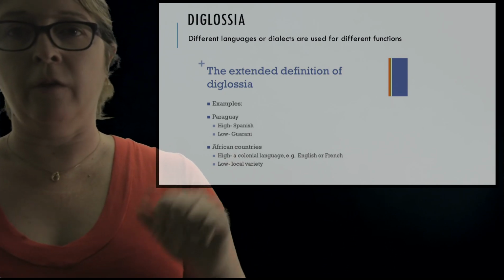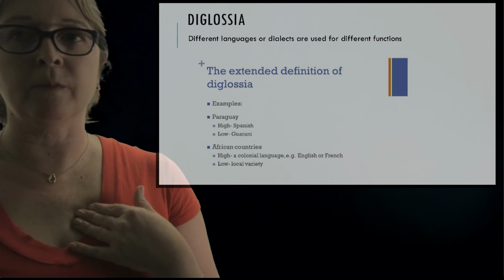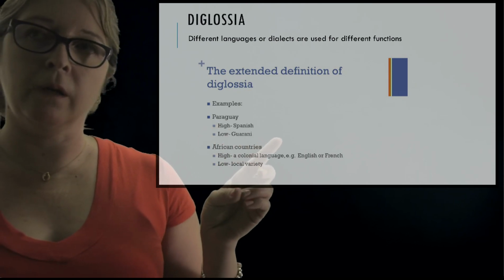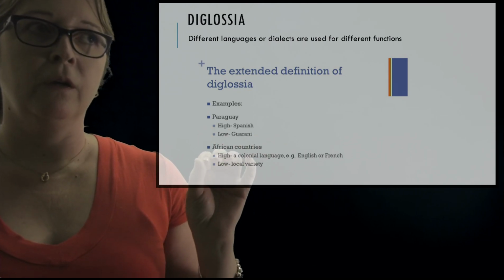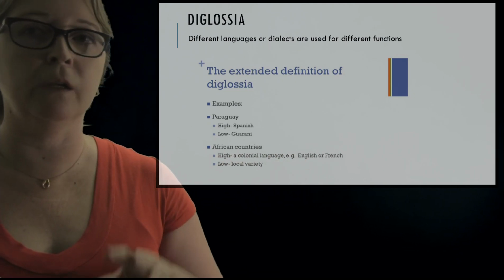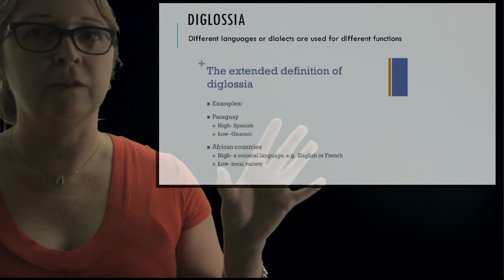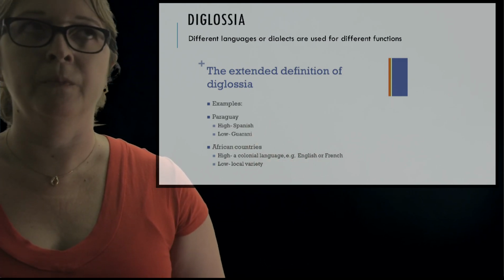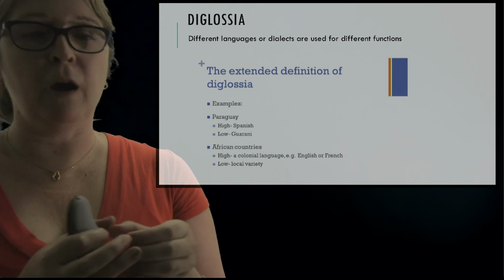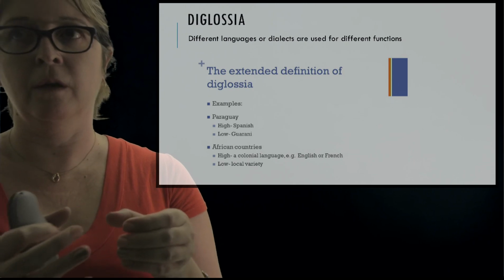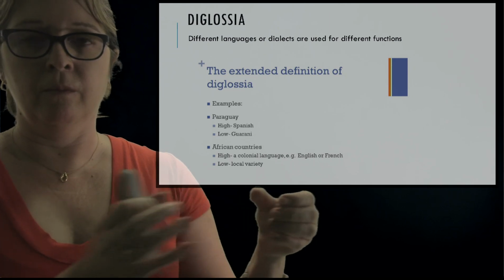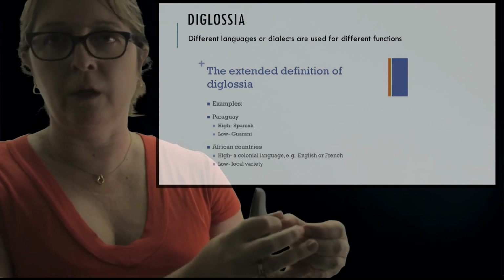And then also in African countries, I don't know a lot about this, but I do know that in education, many countries in Africa use either English or French. And then there are so many different dialects, languages, that each pocket group has a language, and then that group needs to communicate with the other group.